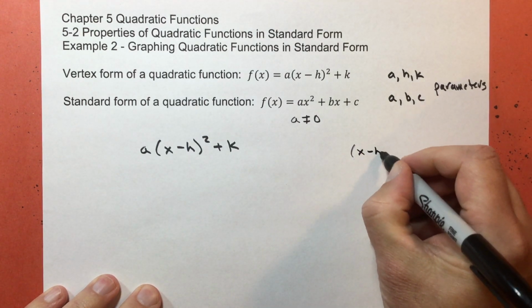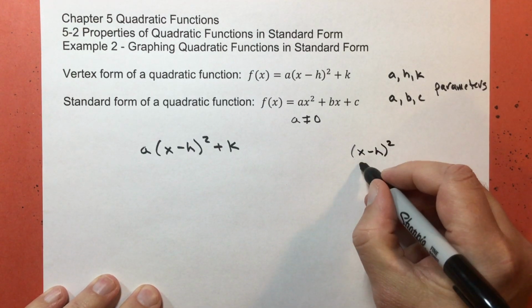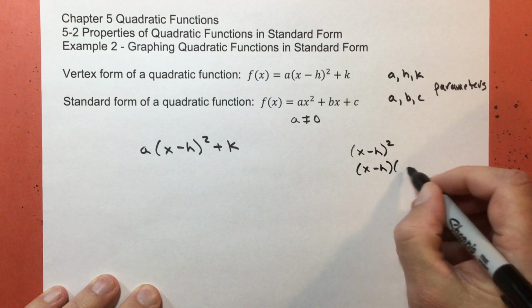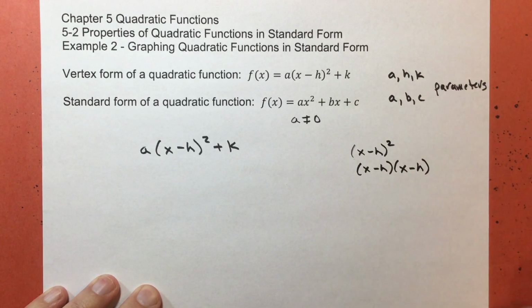x minus h squared means x subtract h times x subtract h. You probably learned it by FOIL, and I'm not going to waste any recording time talking about why I don't like FOIL. It's a trick, it's not a good way of doing it.